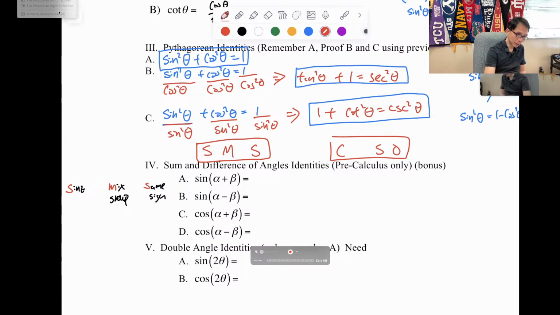So this one's going to be sine, cosine, and then the second part is going to be cosine, sine. And just write down a, b, a, b, and this is plus. And you've got the first sum and difference formula.